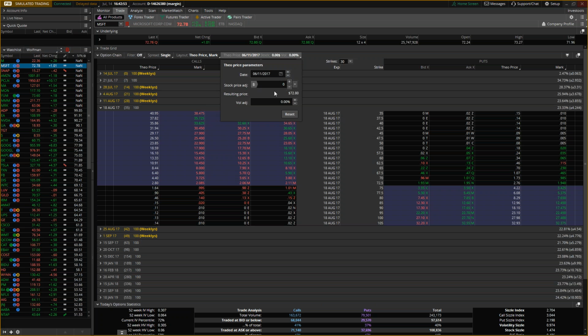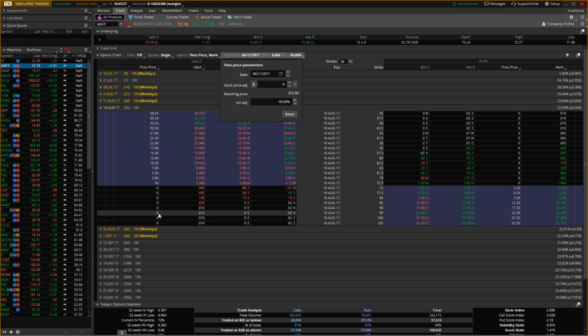So a couple of days goes by, and let's say volatility decreases by 50% of this 23, so it goes down to like 11. If we hit enter, look what happens to these premiums. They just get decimated. Even the at-the-monies go from $2 to 30 cents. So they just go way down.